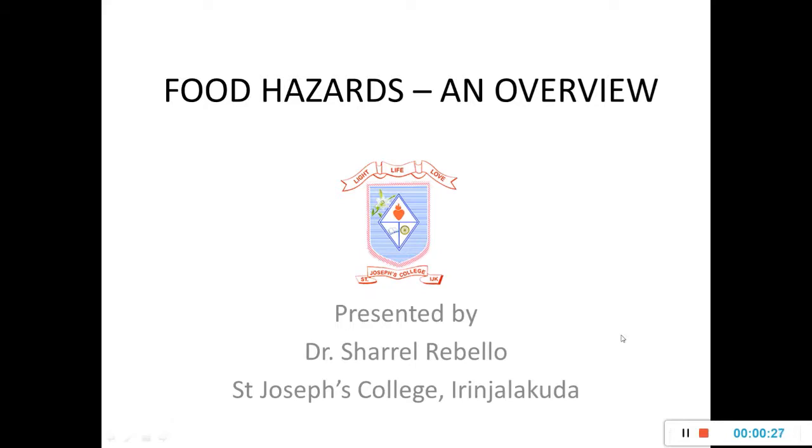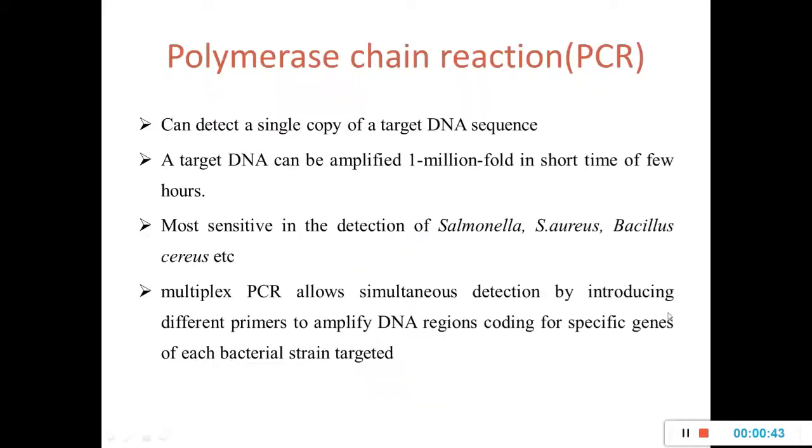In the last session, we had discussed the microbiological hazard detection using culture-based methods as well as the immunology-based methods. Today we're going to discuss the polymerase chain reaction, or the PCR-based method, for the detection of food pathogens.